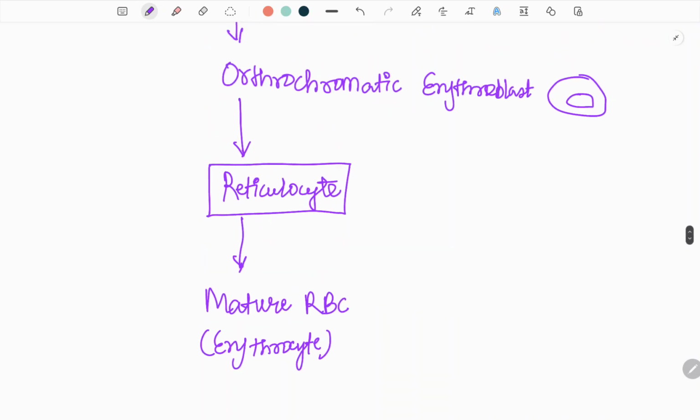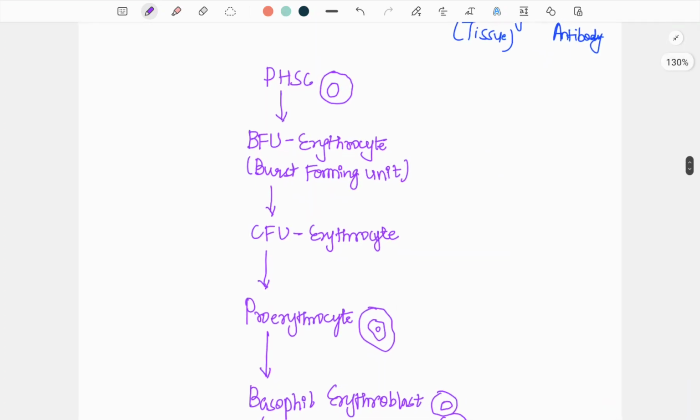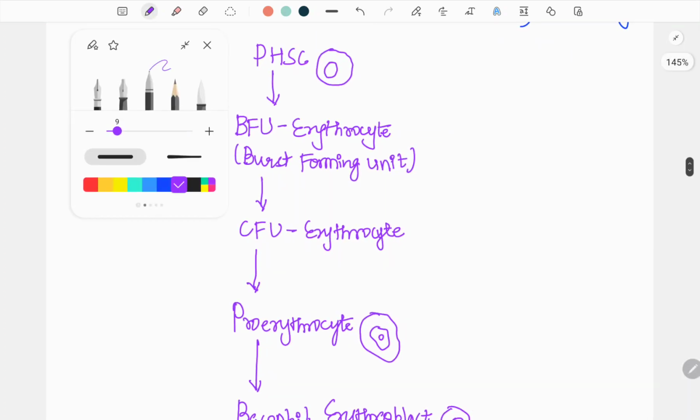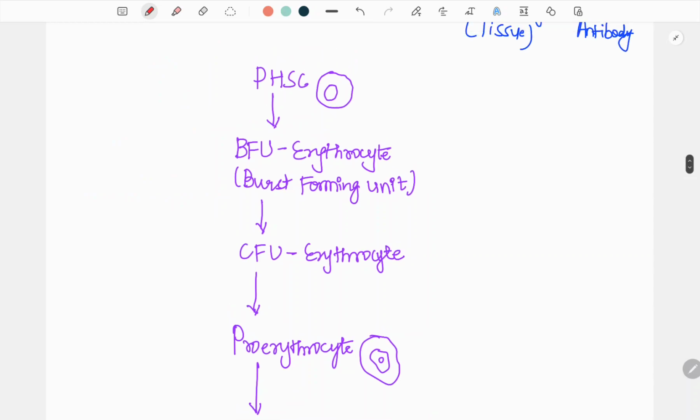What are the things which you need to remember over here? I'm going a bit slow so that you can understand. You need to remember a few salient points. First is pluripotent hematopoietic stem cell changing into burst forming unit erythrocyte. This step is EPO dependent. EPO means erythropoietin.